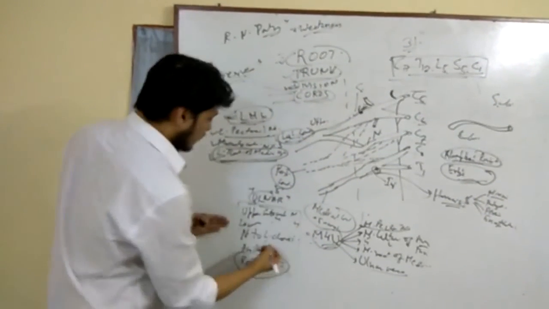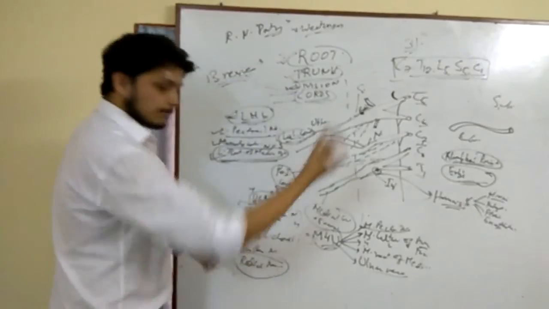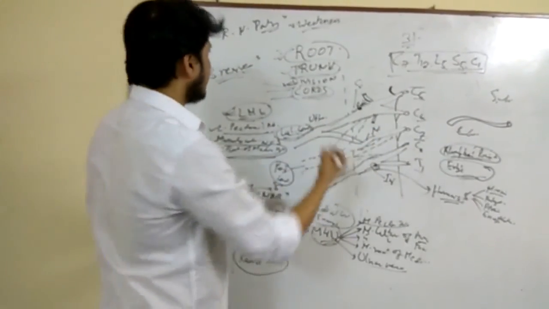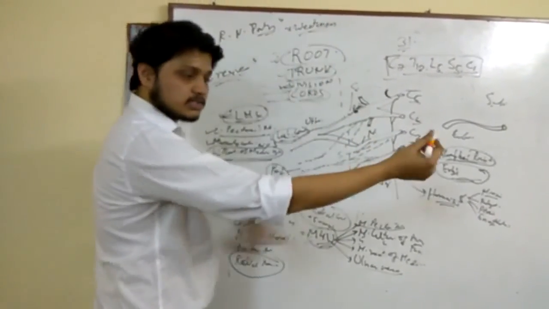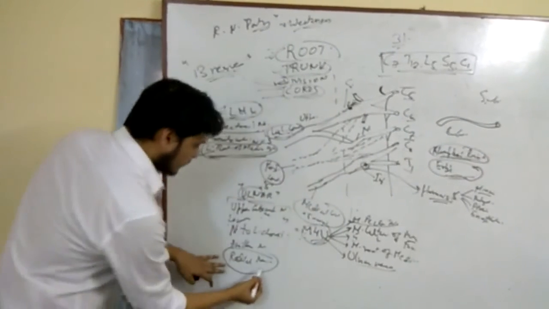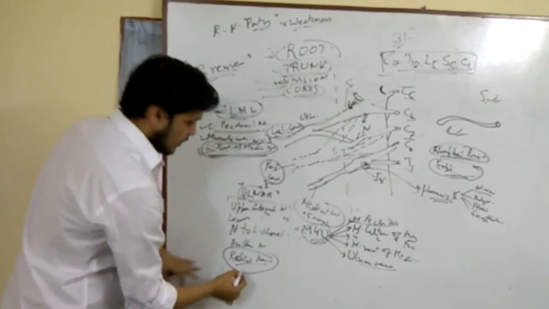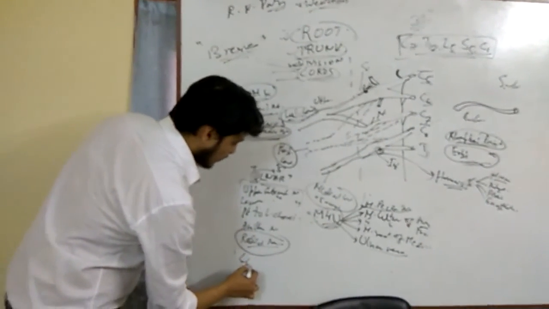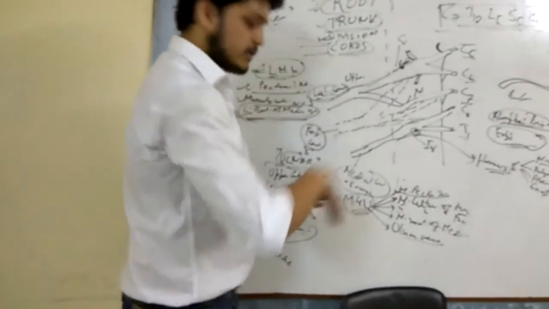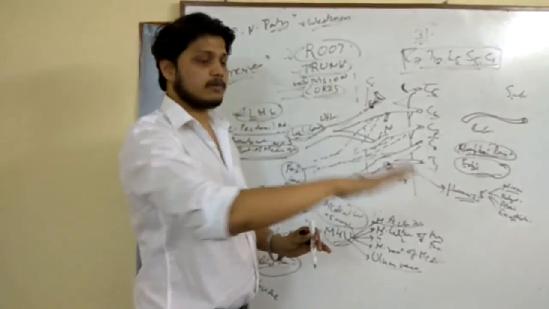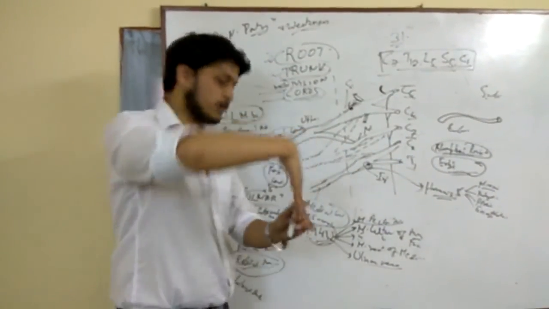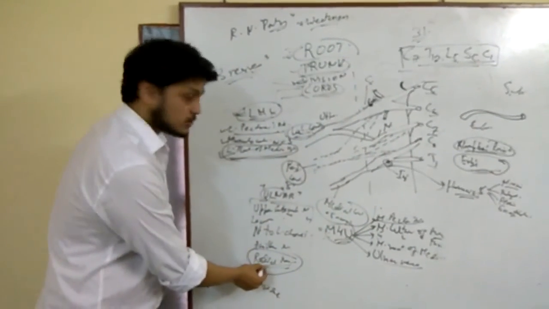The radial nerve comes from the posterior cord, so it supplies the posterior compartment of arm and forearm, so weakness will occur in those muscle areas. When the radial nerve becomes damaged, we get a condition called wrist drop. We have a normal wrist like this; when it drops like this, we call it radial nerve palsy, wrist drop.